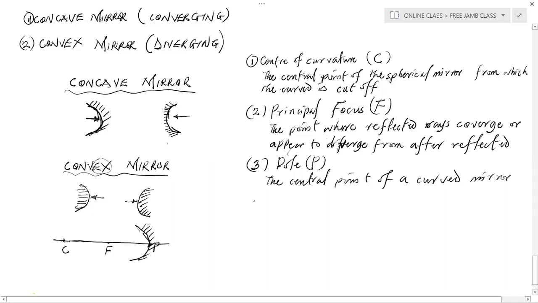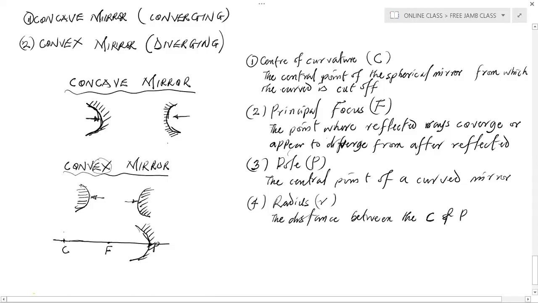Then we need to know the fourth thing, that is radius, R. This is what we call the distance between the center of curvature and the pole.